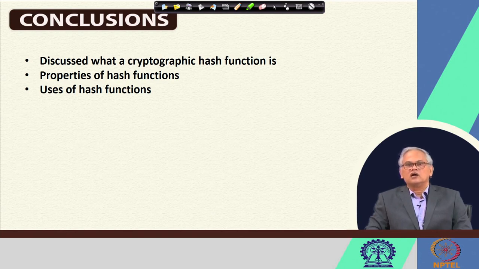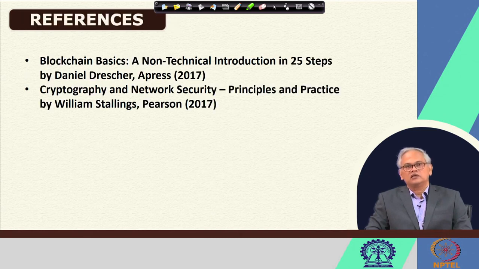So, these are the important points that were discussed in this lecture, and these are some of the references. One is Blockchain Basics, the book that we have mentioned, which has supplementary material on the web which you can make use of. Also, you can get more details about hash functions from the book called Cryptography and Network Security: Principles and Practice by William Stallings.